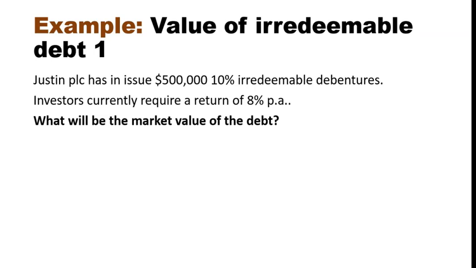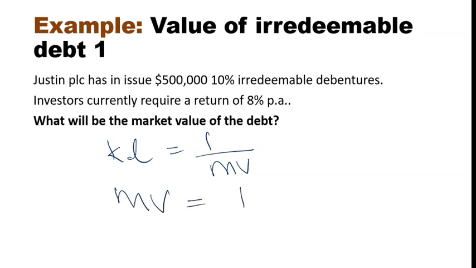So we just use the same trick. We know that KD is equal to interest over market value. So market value is equal to interest over KD.